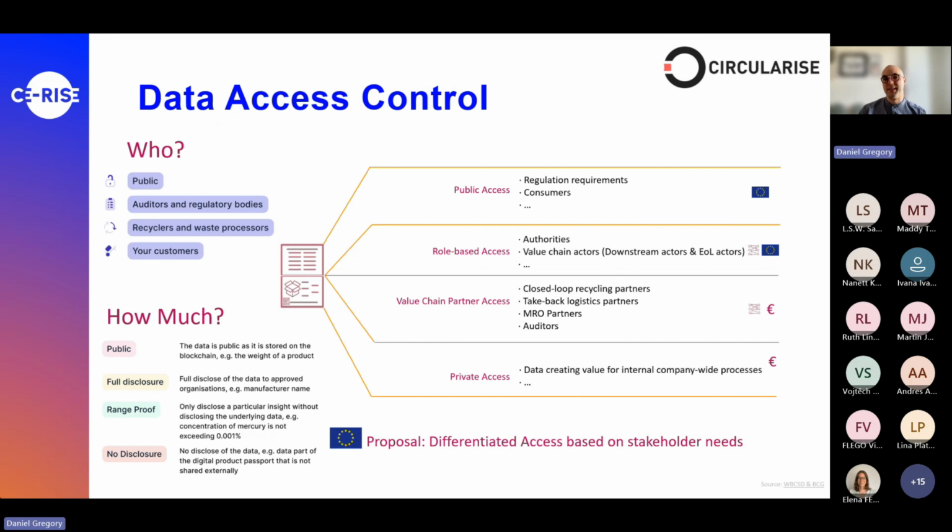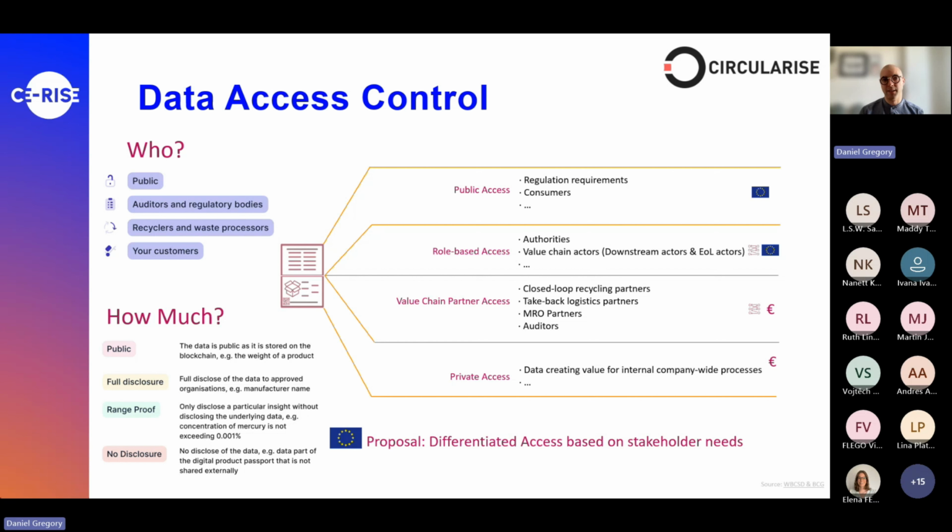The way that this ends up being addressed in a lot of the regulations, and the current best practice approach, is the idea of access control or selective sharing of the data.